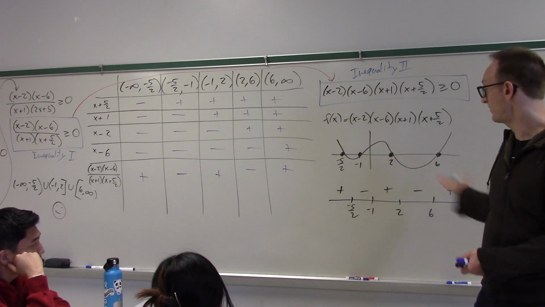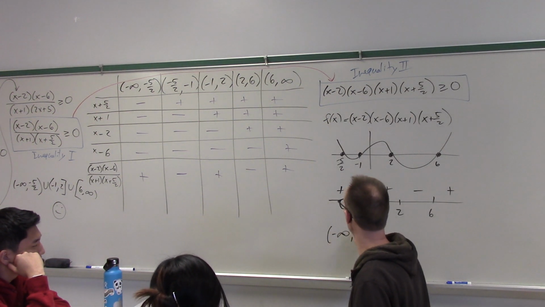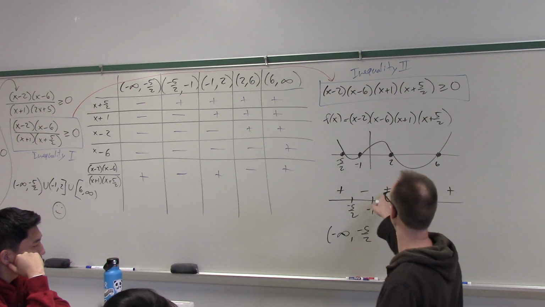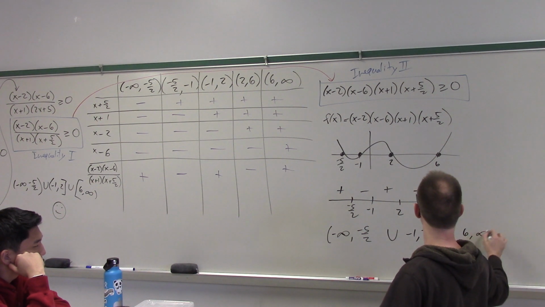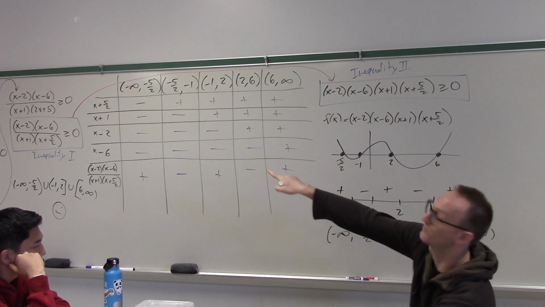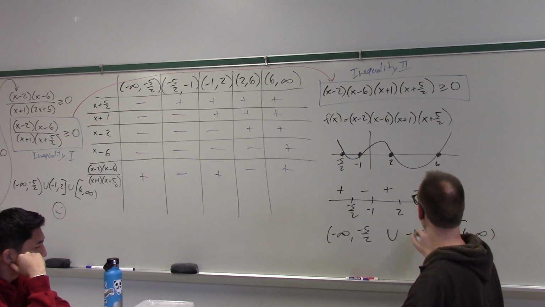And then I write directly from this sign chart that it's everything from negative infinity to negative 5/2, union everything from negative 1 to 2, union everything from 6 to infinity, and then you get the numbers by going back to the original inequality, and the answer that we said was this.